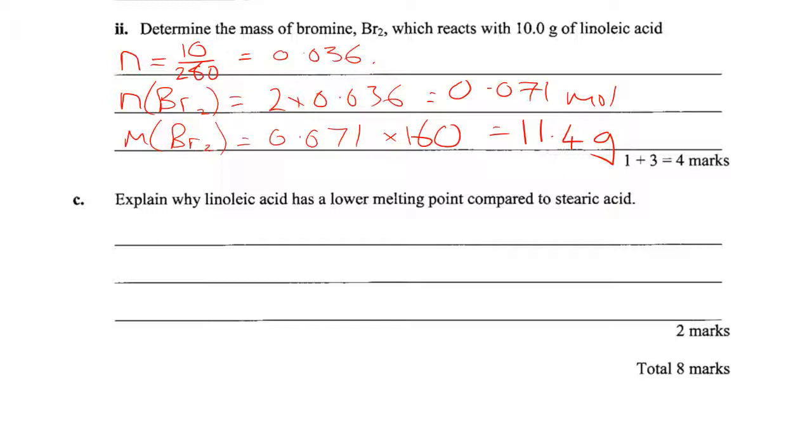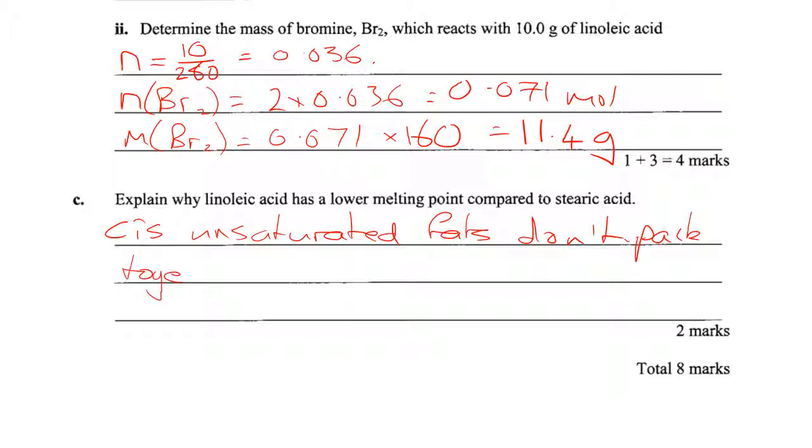Okay, explain why linoleic acid has a lower melting point compared to stearic acid. We learned a little bit about that one. We know that unsaturated fats, and also that they're generally cis unsaturated fats, don't pack together because the molecules basically have kinks in them that are not flexible due to the double bonds.